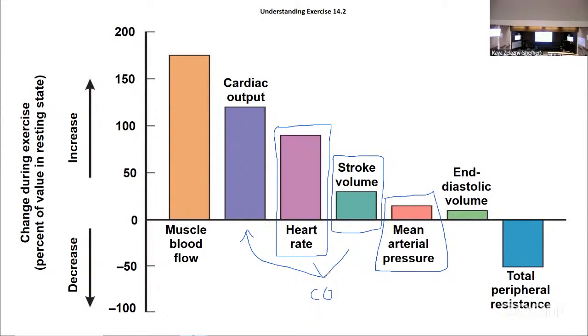All right, so that cardiac output isn't going to all parts of your body equally. In particular, we're seeing that blood is rerouted to our skeletal muscle and to our heart muscle to kind of help us with this. We're going to see a slight rise in end diastolic volume, so slight rise in blood coming back to your heart as well. All right. But we may see a drop in total peripheral resistance, right?